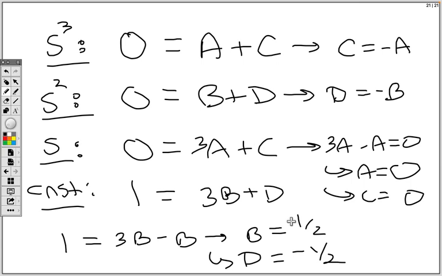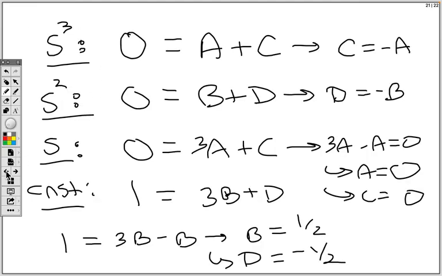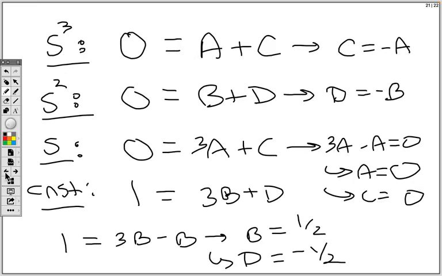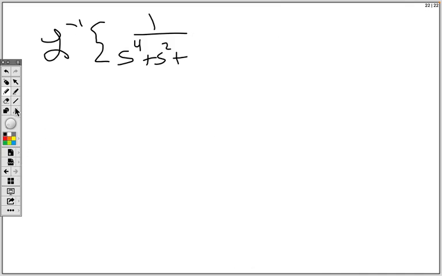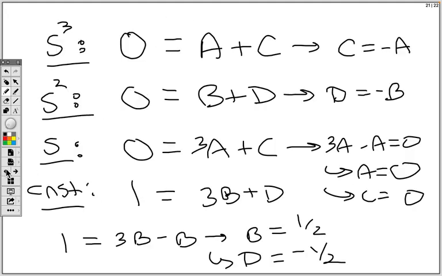So that's the algebra part. So how does this help us? This helps us rewrite. We're trying to find the inverse Laplace transform of 1 over s to the 4th plus 4s squared plus 3, which we don't know how to do, but we've resolved this into partial fractions.